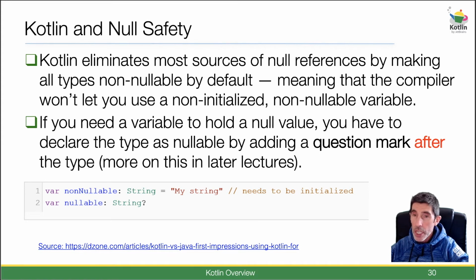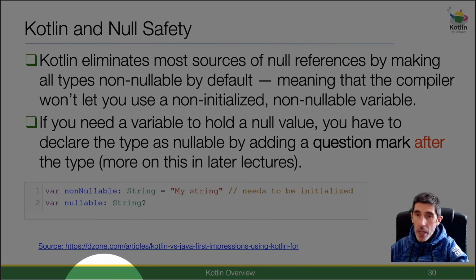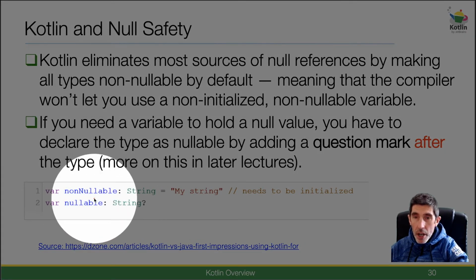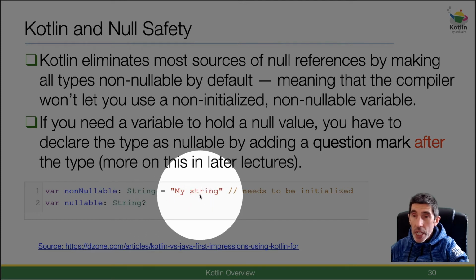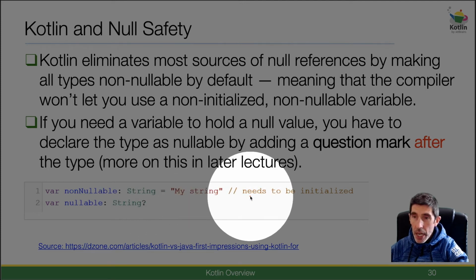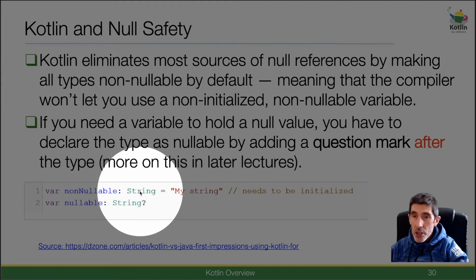We will be looking at this in a lot more detail later on, but just to highlight it here, we have our var non-nullable, declared explicitly as a string, and we're giving it a value, so that needs to be initialized.